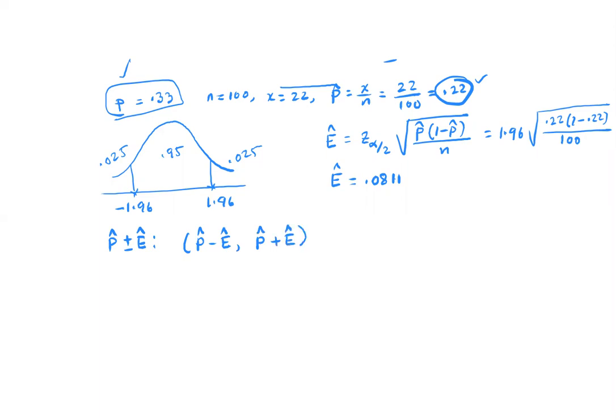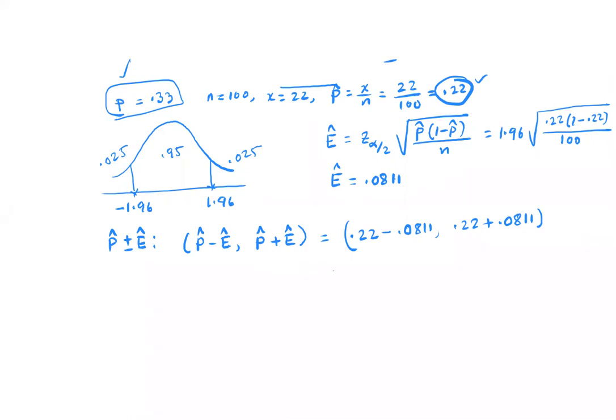So p hat is 0.22, minus E hat, which is 0.0811, comma, 0.22 plus 0.0811. So 0.22 minus 0.0811 is 0.1389.